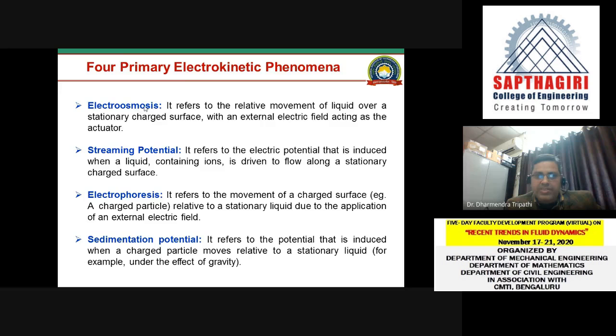In the case of electroosmosis, it is the Eulerian process, because here we are not considering the fluid particle, we are considering the fluid motion. And again, due to electrophoresis, if there is a generation of potential, that potential is known as the sedimentation potential.